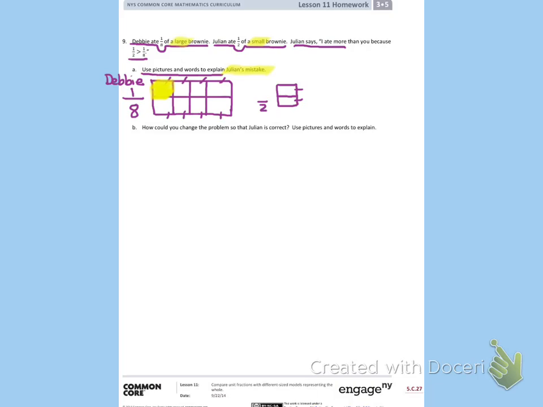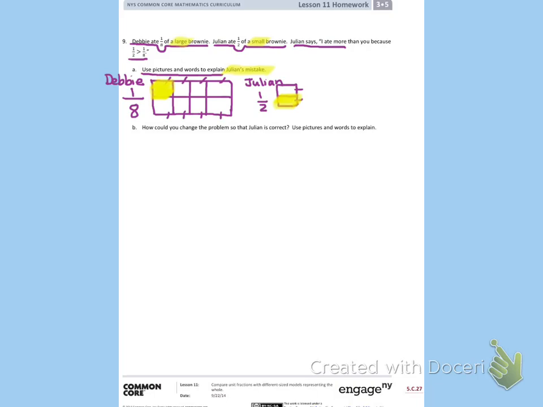And he only ate half of it, so I'll shade in 1 out of the 2 pieces, or 1/2, for Julian, and label it so my teacher knows this illustration represents the portion that Julian ate.